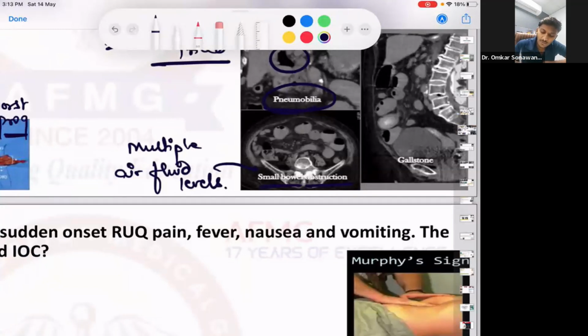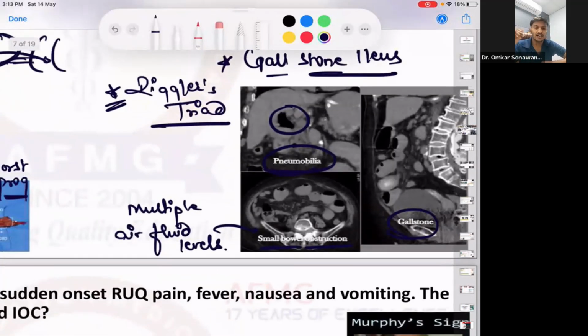And the last one, there would be a presence of gallstone in the intestine. So the Rigler triad is remembered by first pneumobilia, second small bowel obstruction, and third gallstones in the intestine.